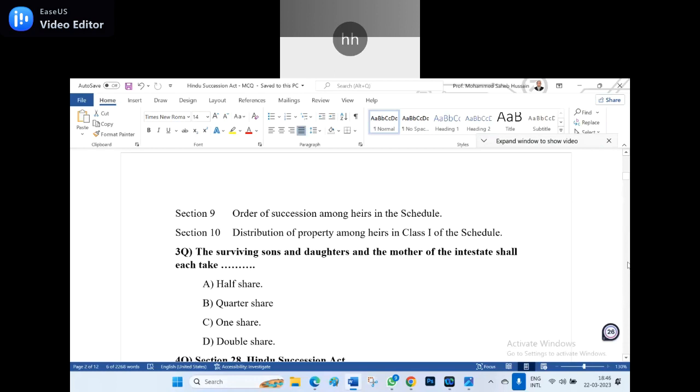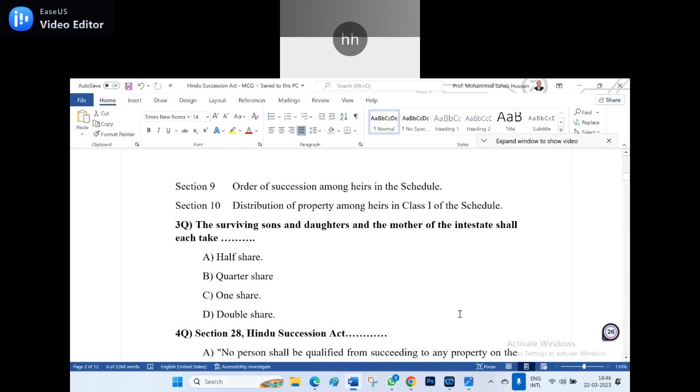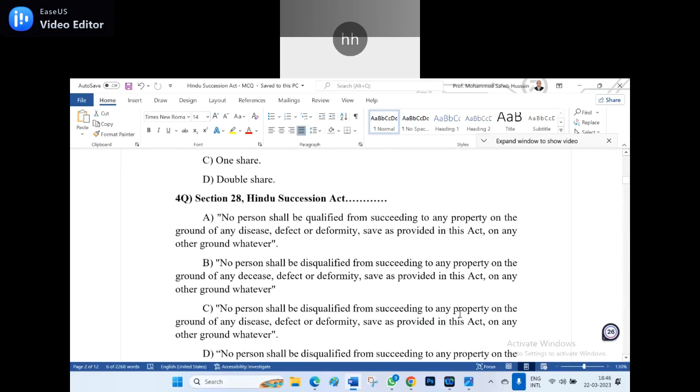C, one share, sir. C, one share is the right answer. But if it is Muslim law, male 2 shares, female 1 share. Yes, sir.